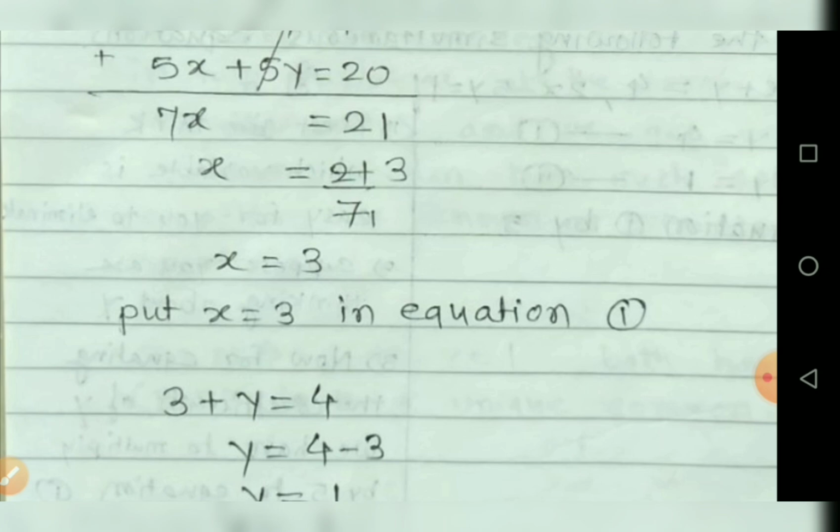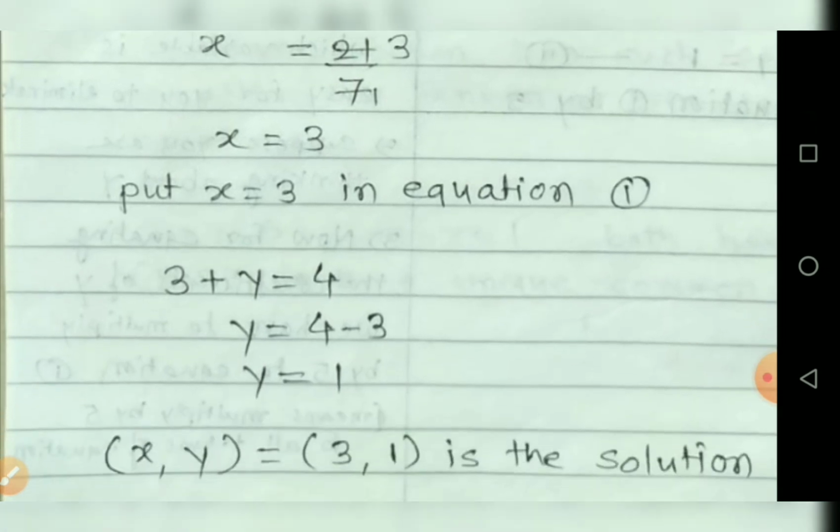I think the first is very easy for calculation. I have substituted 3 in place of x in equation 1. Then what happens? 3 plus y is equal to 4. Transpose this 3 to the right side, it becomes negative. y is equal to 4 minus 3 and y is equal to 1.